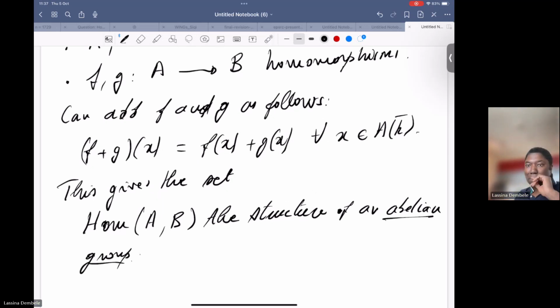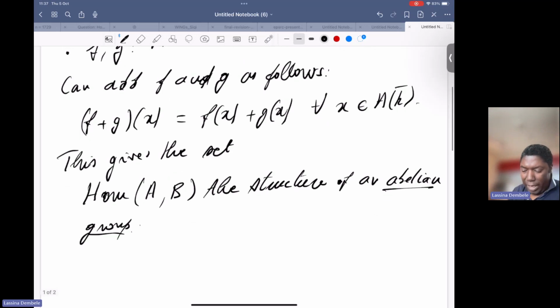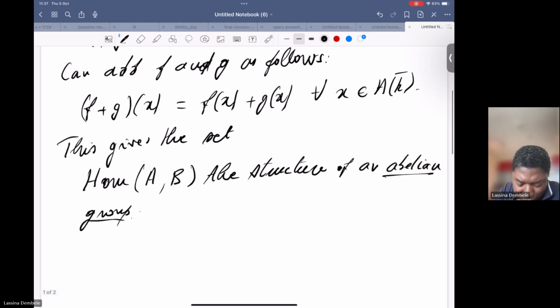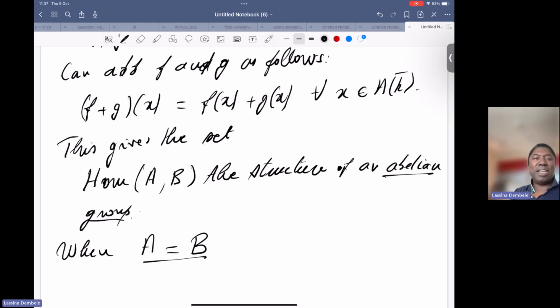Okay. And in the case when A is equal to B, this is even a ring.